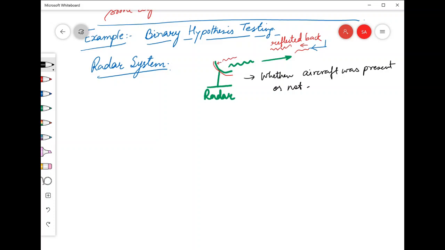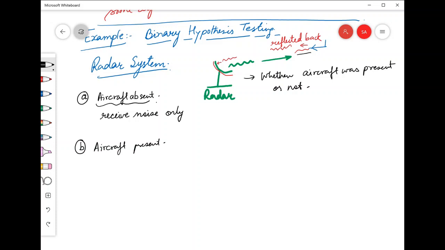So I have two options: aircraft absent, and aircraft present. When will the aircraft be absent? When there is no signal being reflected by the aircraft, so what you receive is noise only.